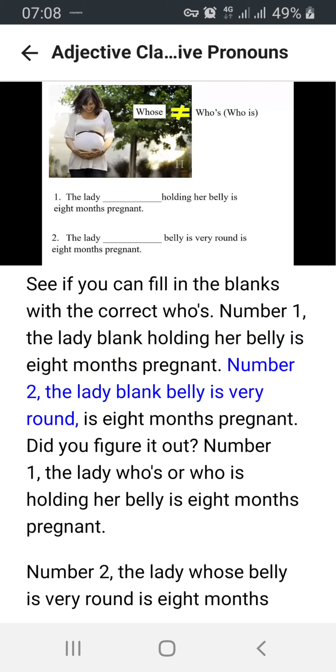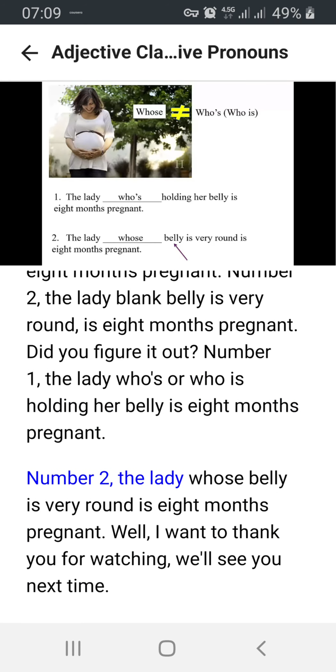Number 2, the lady blank belly is very round is 8 months pregnant. Did you figure it out? Number 1, the lady who's holding her belly is 8 months pregnant. Number 2, the lady whose belly is very round is 8 months pregnant.